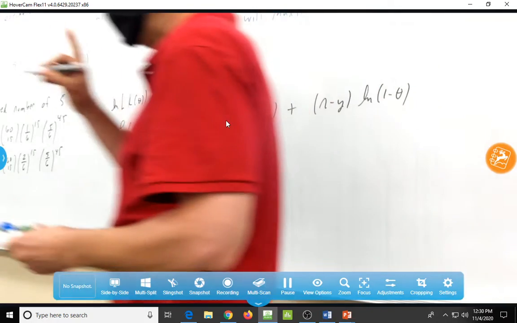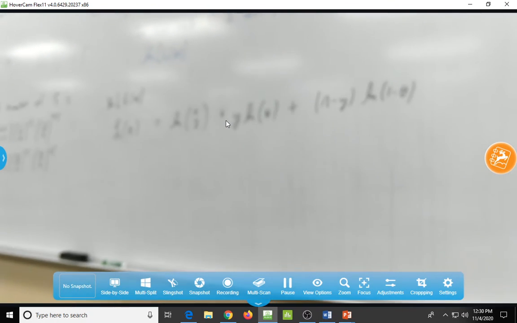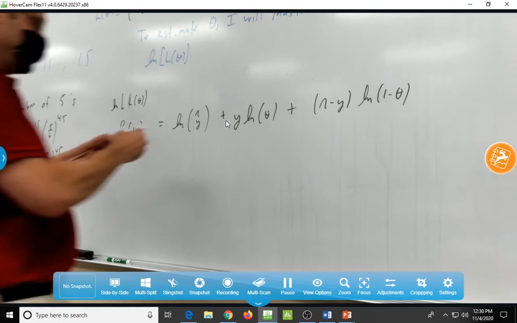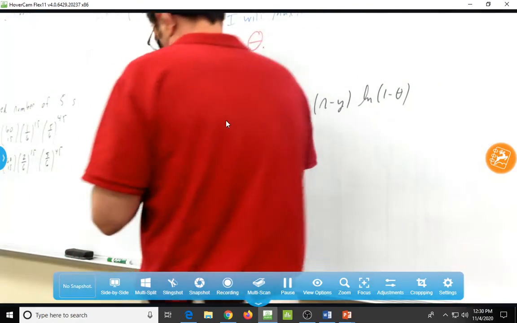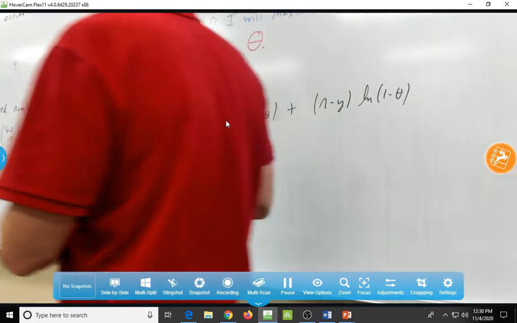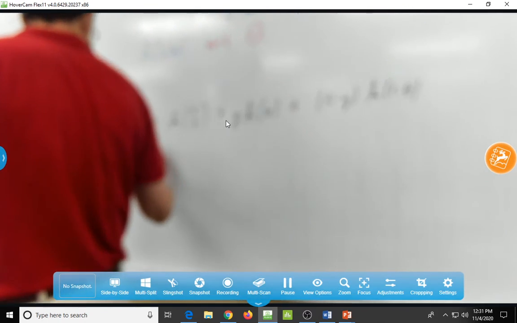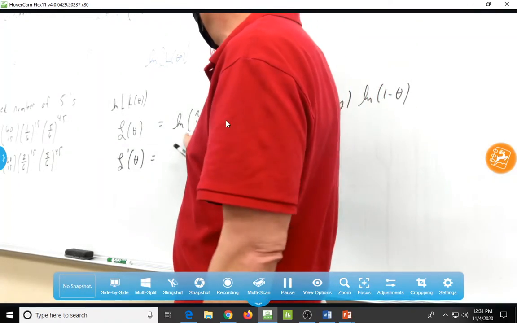What I'm trying to do is find theta that maximizes this probability, or maximizes this function. So I need to take the derivative with respect to theta. So let's take the derivative with respect to theta. And first, starting with Clay and Mitch, what's the derivative of this with respect to theta?